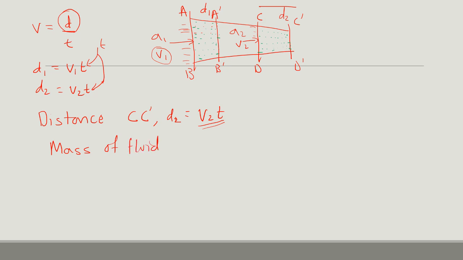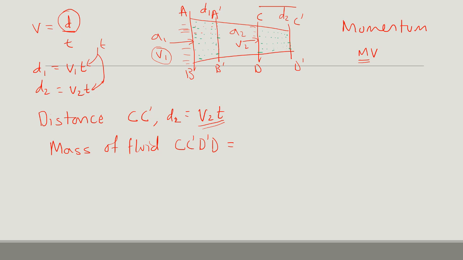Recall, what we want to get is the momentum, and we know that momentum is equal to mass times velocity. So now we need the mass of the fluid in CC prime D prime D.